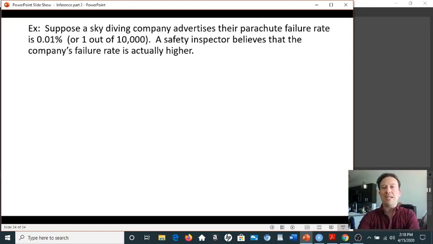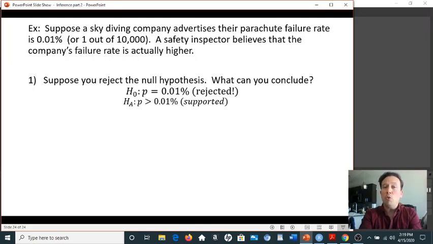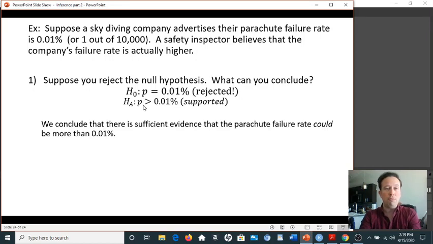Let's go back to the skydiving example and talk a little more about this. Suppose you reject the null hypothesis. What can you conclude? Remember, the null hypothesis was that the percentage is just 0.01%. If you're rejecting this hypothesis, you are supporting the alternative. What does it mean that you're supporting this hypothesis? It means that the true failure rate of the parachutes could be more than 0.01%.